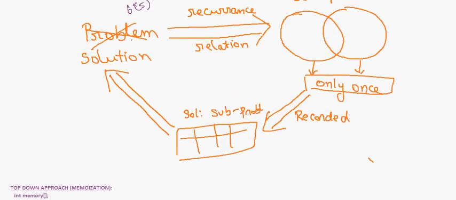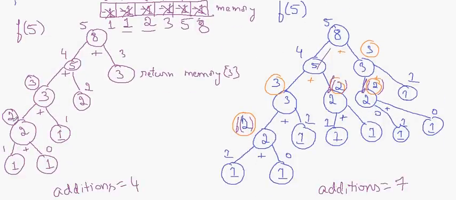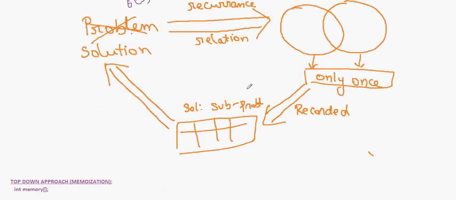We recorded the results in the table, and we solved each subproblem only once. Fibonacci of 2 was calculated only once, Fibonacci of 3 calculated only once, and for the rest, for example here Fibonacci of 3, it was returned from the table. Finally we got the solution to the problem, Fibonacci of 5 is equal to 8, using the table.